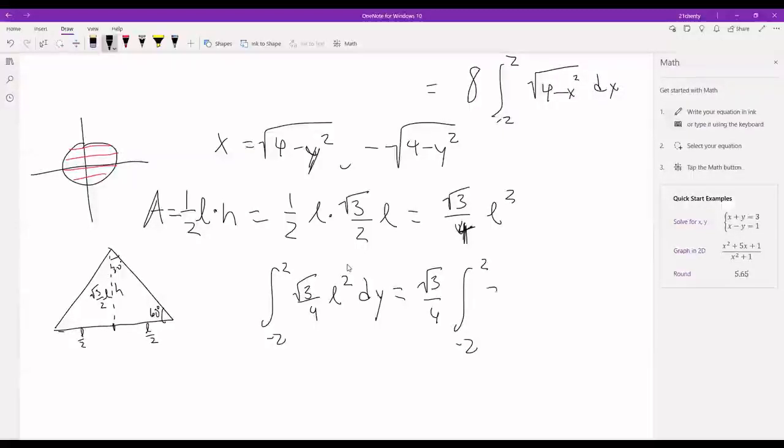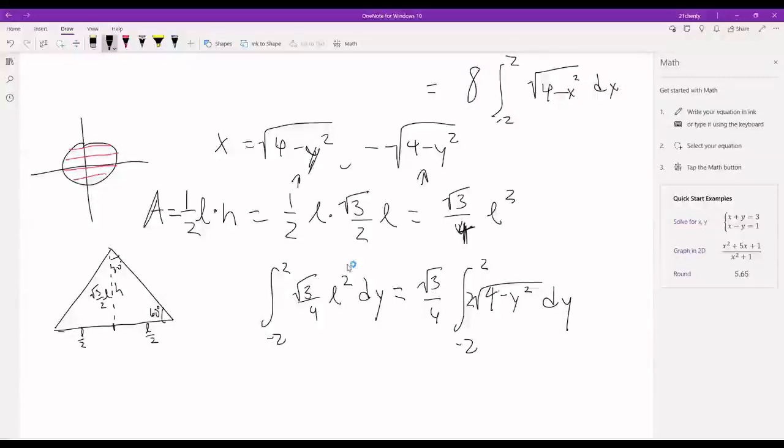We'd get this minus this, so since it's minus a negative, it's just this plus the absolute value of the second function, so we get 4 minus y squared, all square rooted and times 2, dy.